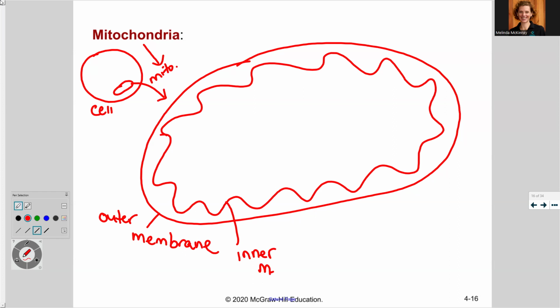Okay. We're going to go into this in much more detail in a future chapter. What you need to know now is that the purpose of the mitochondria is to make ATP. Now, we're going to also learn about that in a future chapter, but I just want you to know that word now. So ATP, this is the energy of the cell.